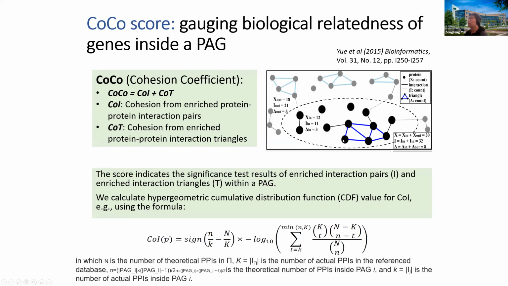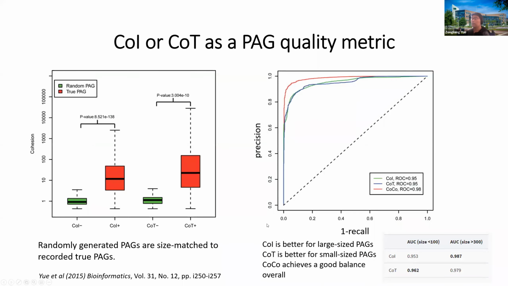In the foreground, we have the observed triangles along with the theoretical number of possible triangles. So why do we introduce co-I and co-T? Because we observe that co-I is better for evaluating large PAGs, but co-T is better for small PAGs. So co-I and co-T summed together form the CoCo score, which brings up the precision.